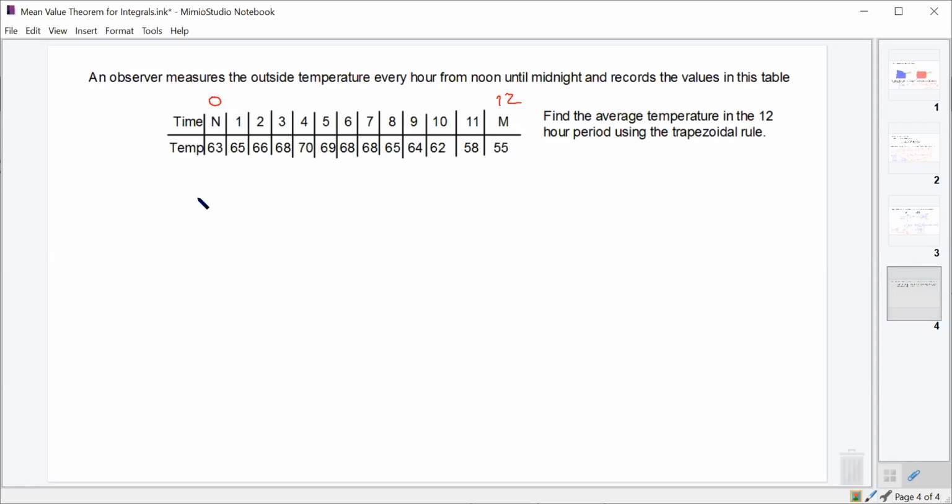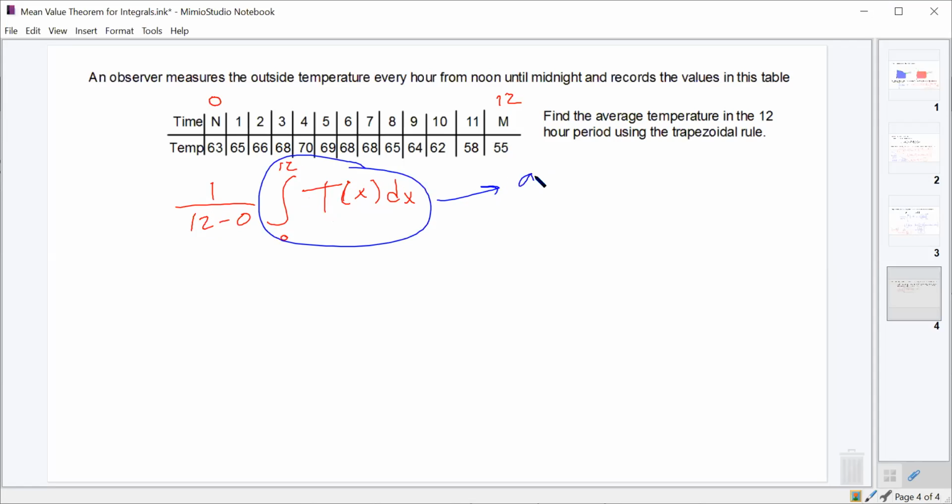So what should go out in front? 1 over what? 12 minus 0, times an integral from 0 to 12. We'll call it capital T of x dx. And we're going to, like we said, approximate this using the trapezoidal rule.